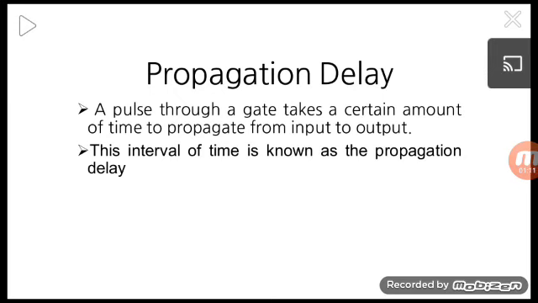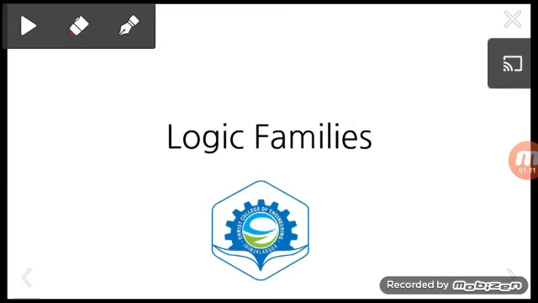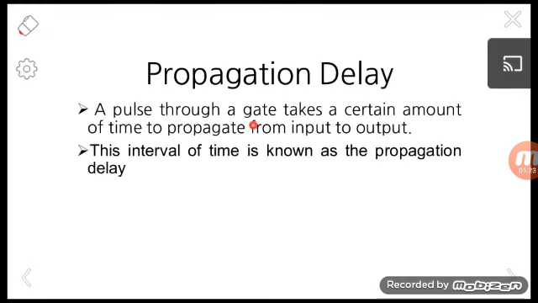The propagation delay of a gate means that a pulse through a gate takes a certain amount of time to propagate from input to output. That is, there is a time delay between applying an input and getting an output. That time delay is called the propagation delay, and it will be different for different logic families.